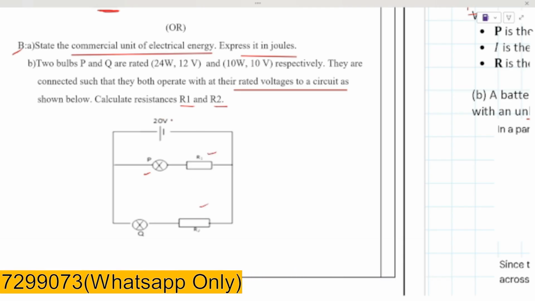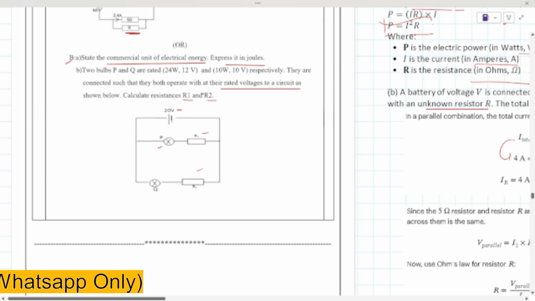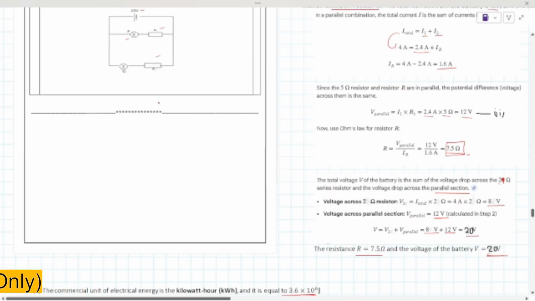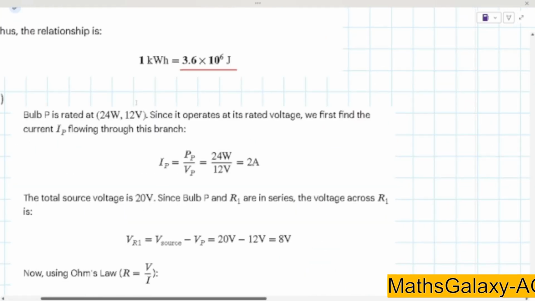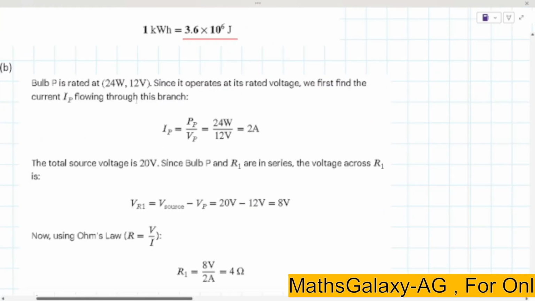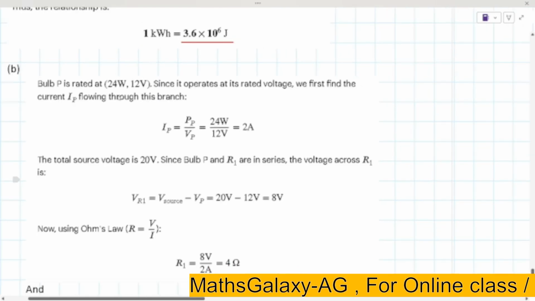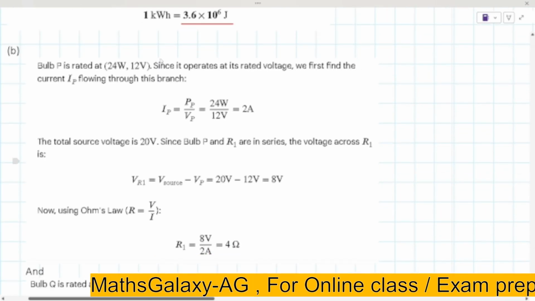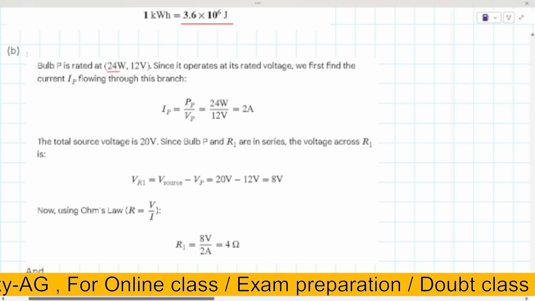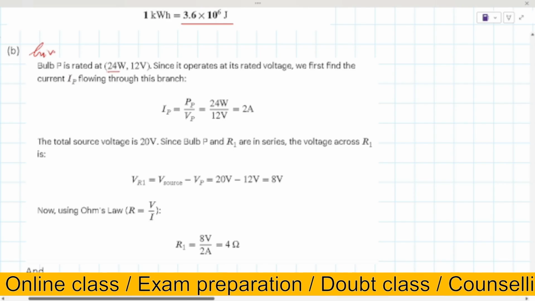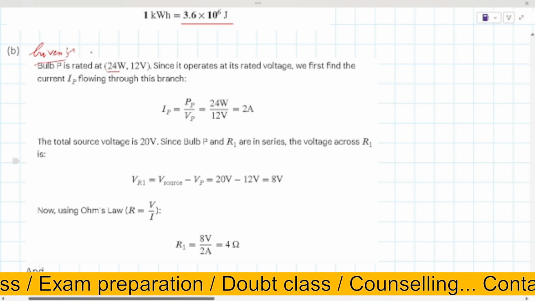We have to find the resistances. Given points: bulb P is rated at the given values.